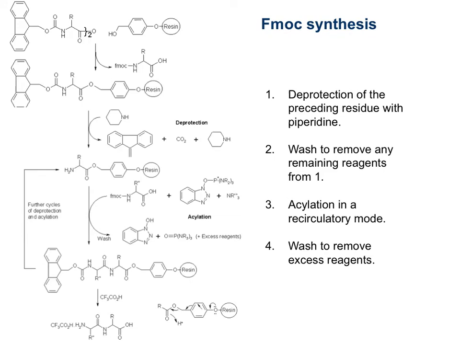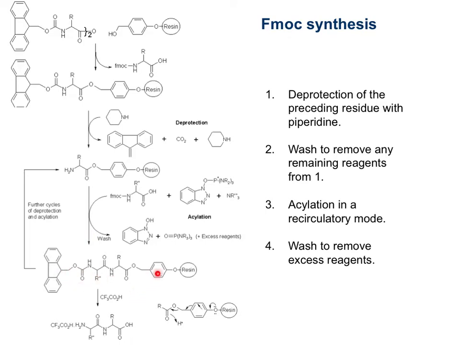FMOC synthesis is actually the most commonly used type of SPPS, in which you start off with a resin and an FMOC amino acid. Once you have that first amino acid attached, you deprotect, removing the FMOC, and then you have the amine. You're going to activate, add another FMOC amino acid, and then you have a coupling happening, and you can go through this cycle of acylation, FMOC amino acid, and then wash.